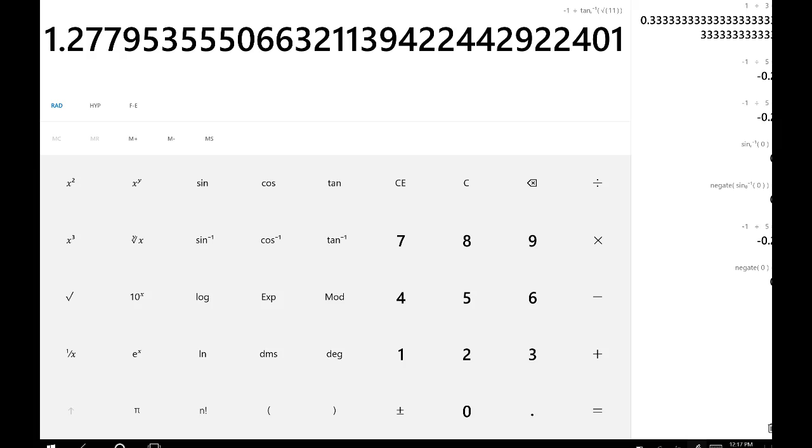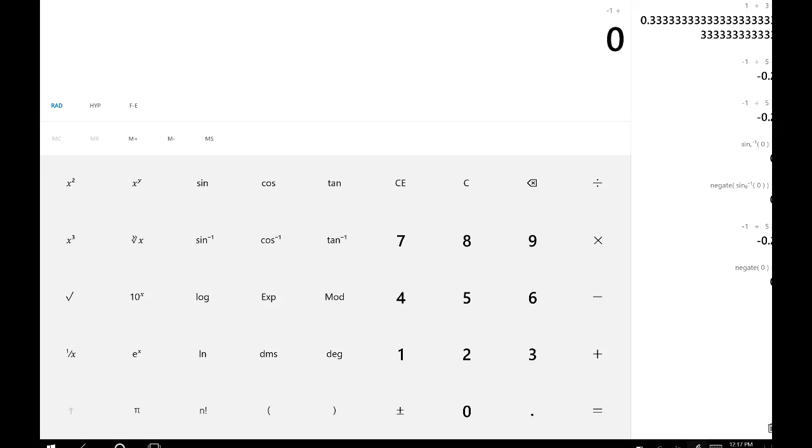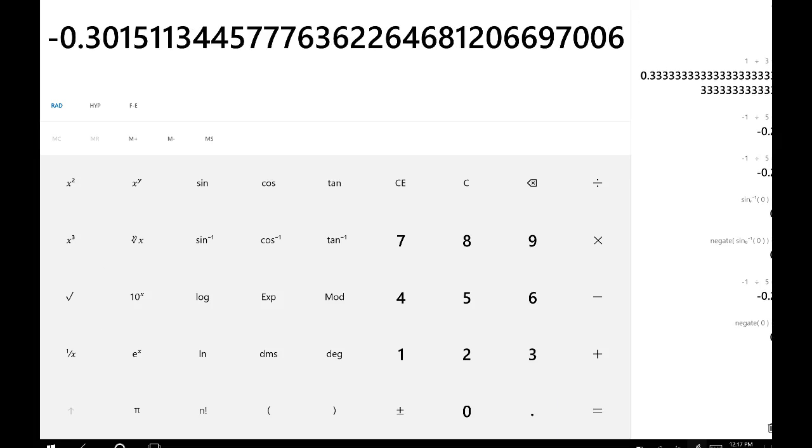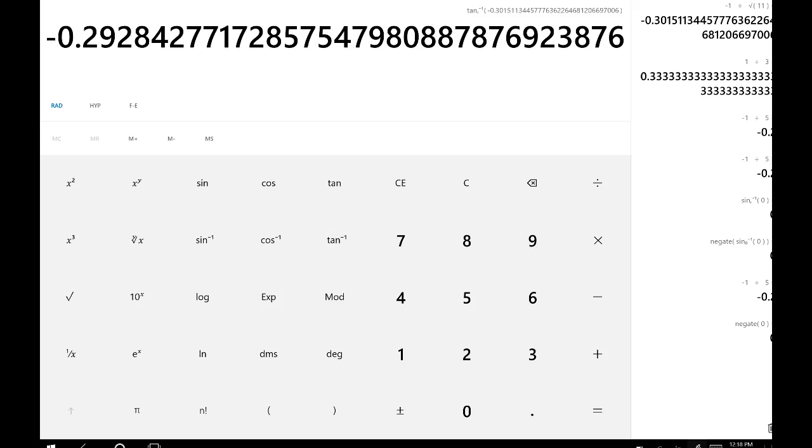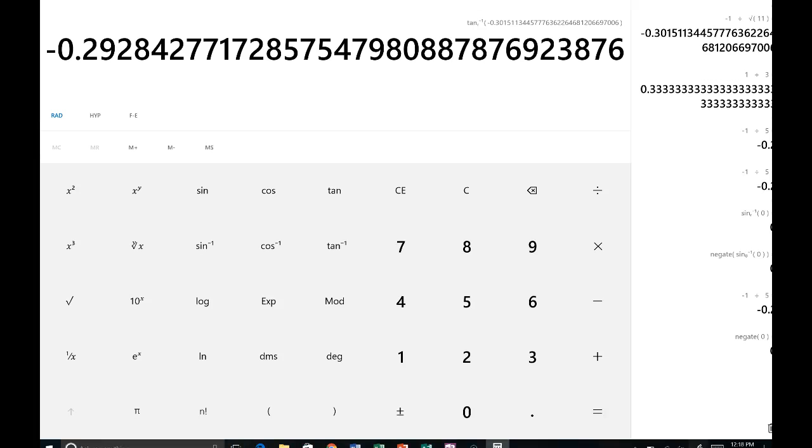Oh, it's taking tangent inverse of a square root 11. That doesn't seem right. Let's do this one more time. 11 square root, hit enter. There you go. It gave me negative 0.3015. Now I'm going to take tangent inverse. Tangent inverse of that is negative 0.29.